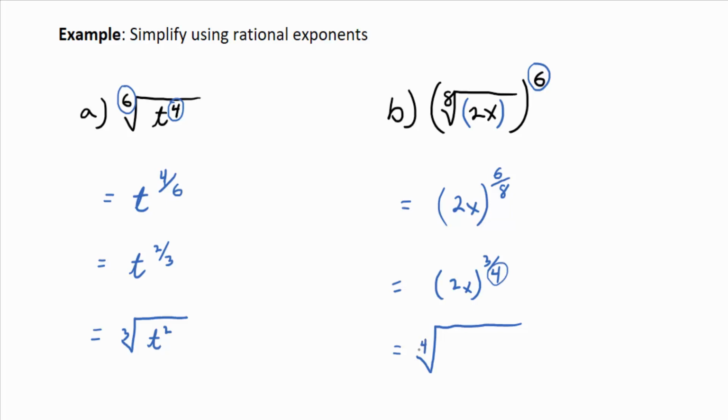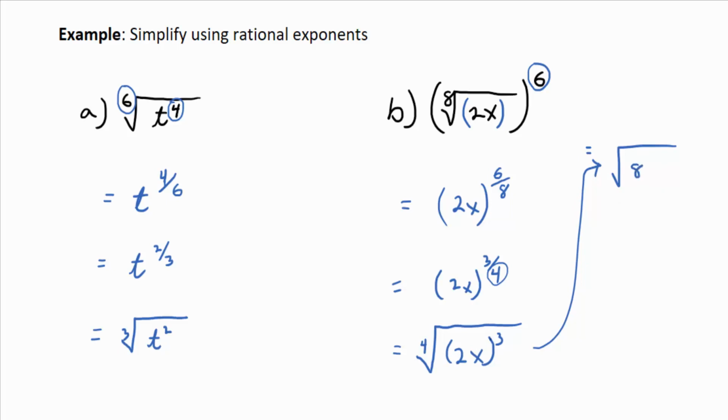So the 4th root of, you could put the exponent on the inside, doesn't matter, or on the outside. If you put it on the inside, though, you should probably simplify it. What's 2x cubed? So that's equal to the 4th root of, 2 cubed is 8.